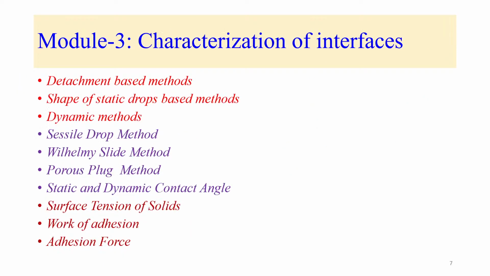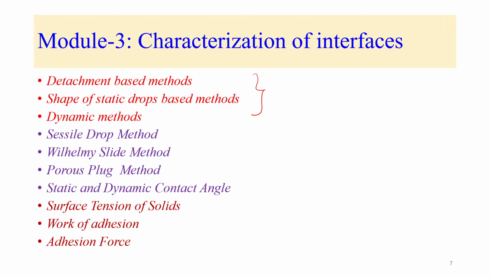Then in the third module, we discussed how to characterize the interface, because if you are modifying or doing surface engineering, then we should be able to understand whether it has been implemented or not. So the first thing is how to characterize the contact angle and how to characterize the surface tension.